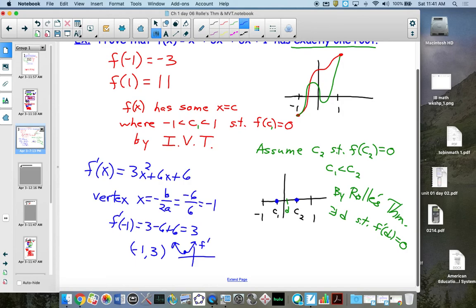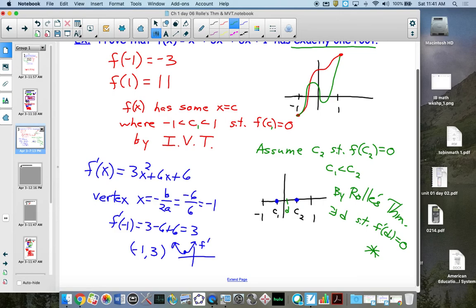So where does the derivative equal 0? We're trying to find this point d over here, where the derivative equals 0. But we know, according to our f prime graph, that it never equals 0 because it never crosses the x-axis. It's a parabola and the vertex is above the x-axis.